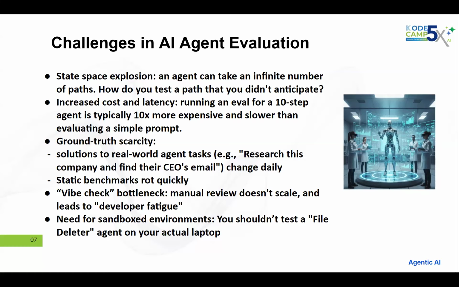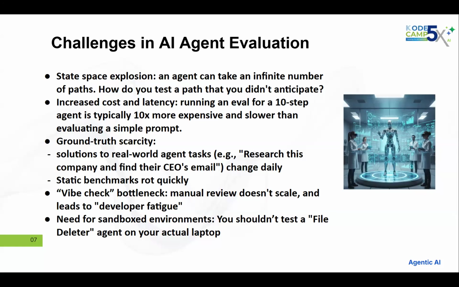So the question is, how do you test a path that you didn't anticipate? To thoroughly test the agent, you need to anticipate all the possible paths, and you need to test all those paths. Remember that when we talked about the paradigm of AI agent evaluation, we said you have to evaluate the entire execution trajectory.